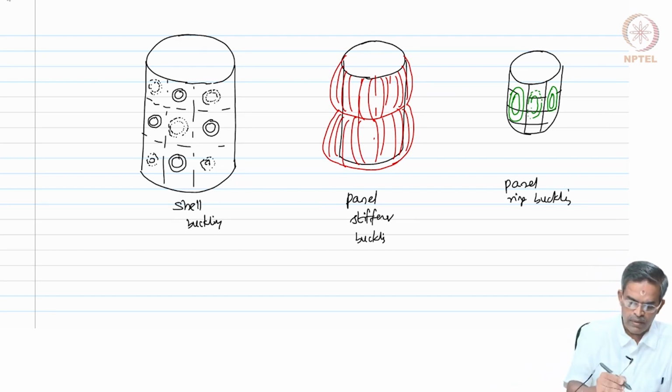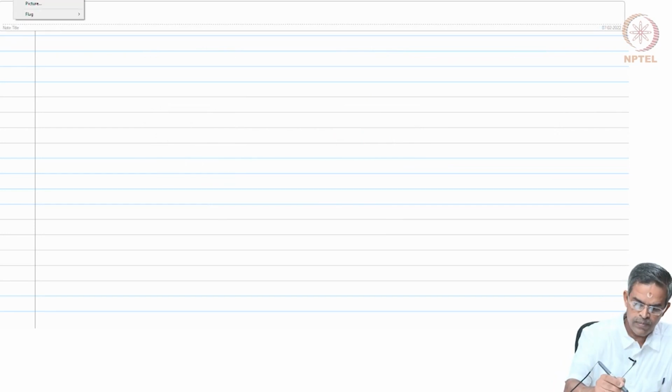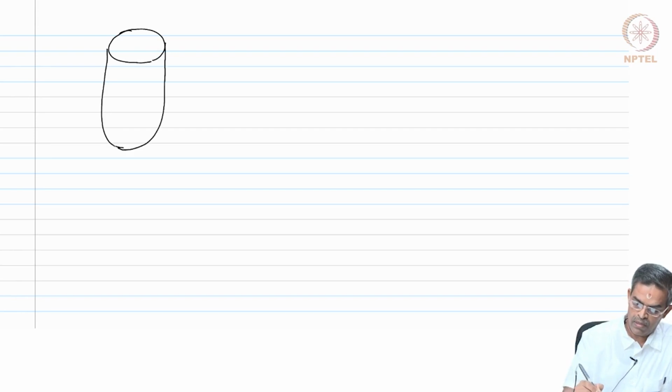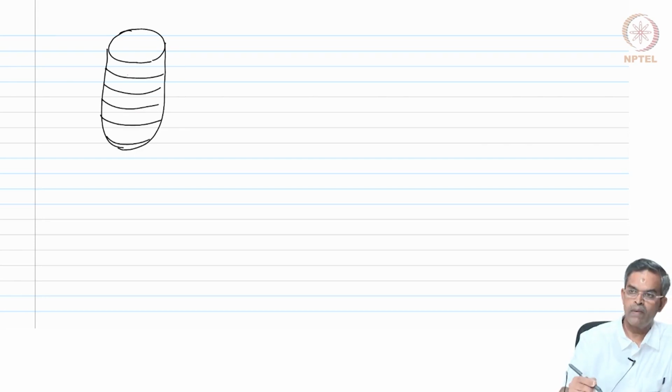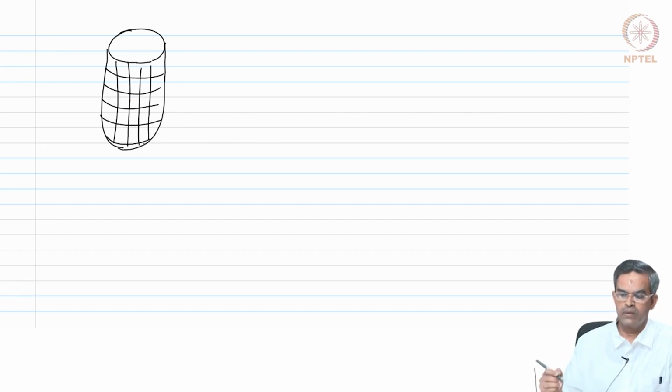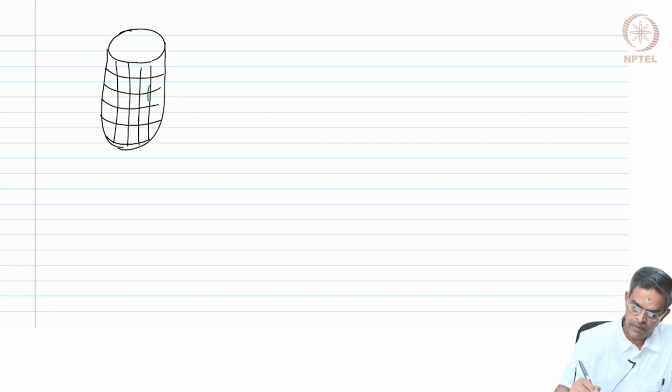Of course, general buckling looks like this. So, there will be tension and compression stress concentrations all along the length of the member.